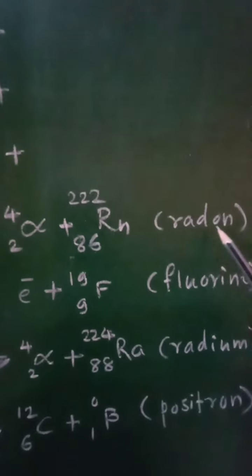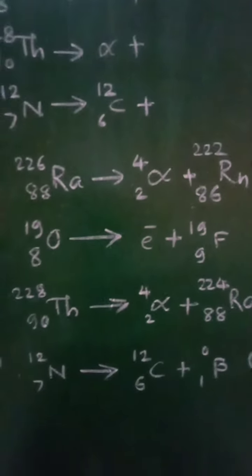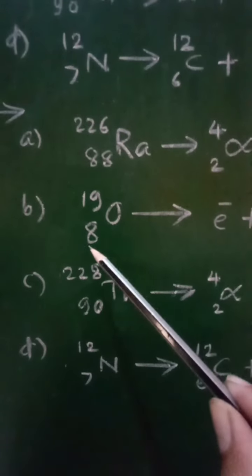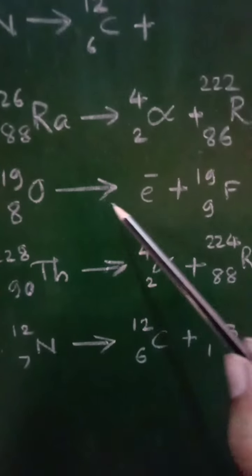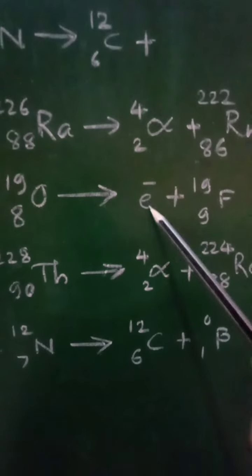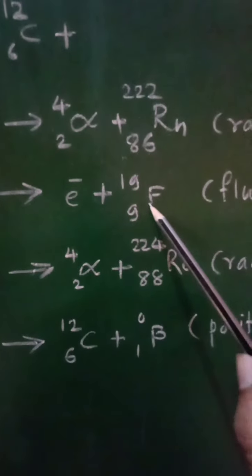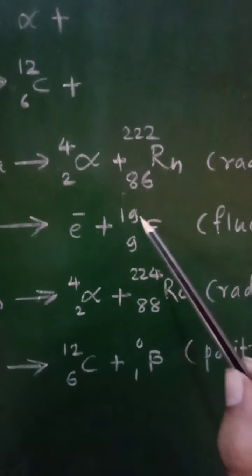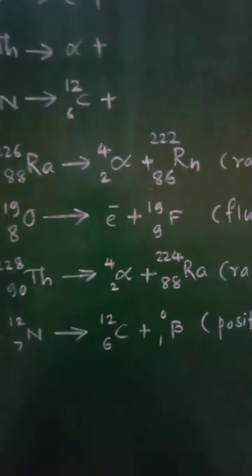That is, radon will be emitted along with that alpha particle. Then second, for oxygen, having atomic number 8, mass number 19, it gives rise to one electron, that is beta particle, along with fluorine. It will be fluorine having atomic number 9, mass number 19. So one fluorine will be emitted here.